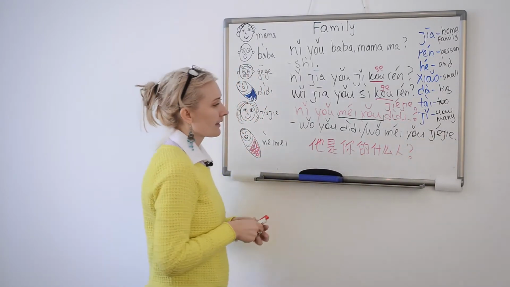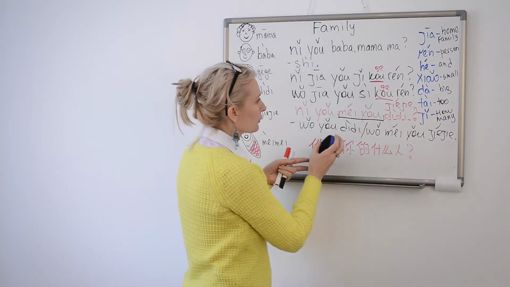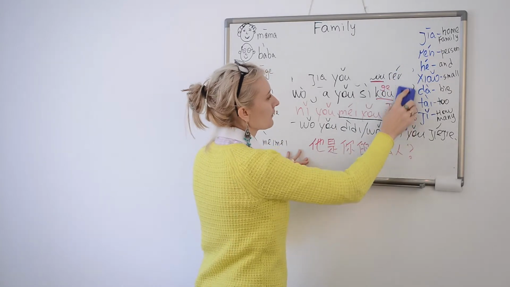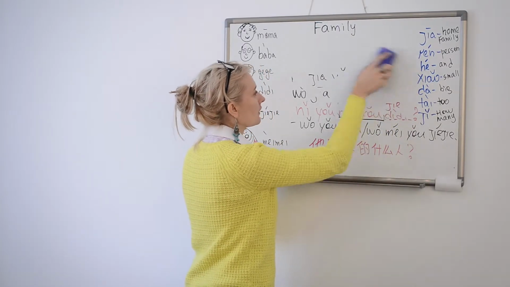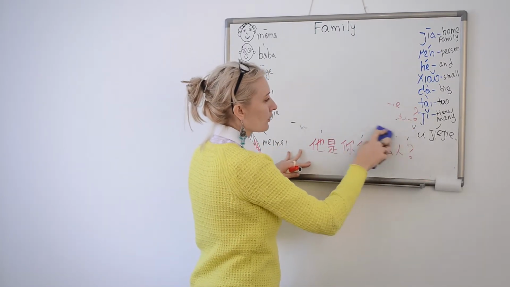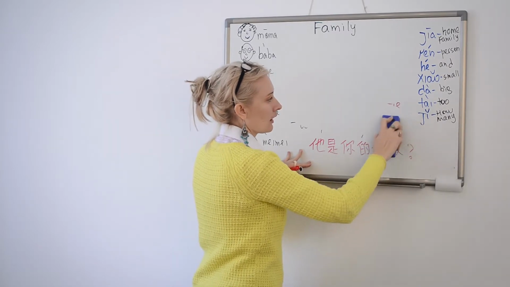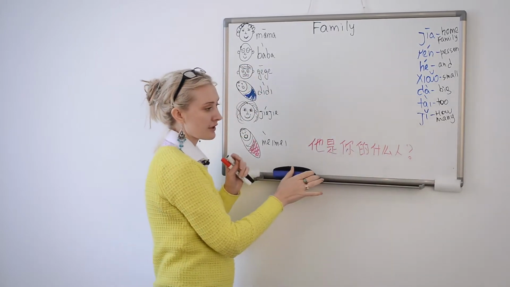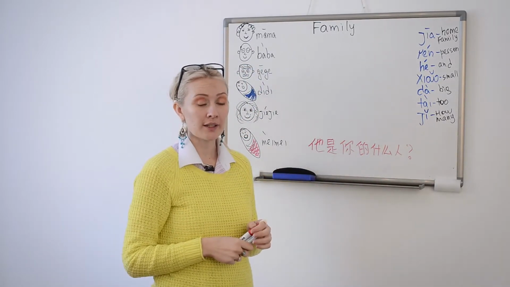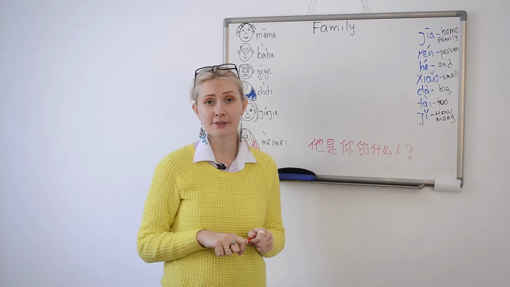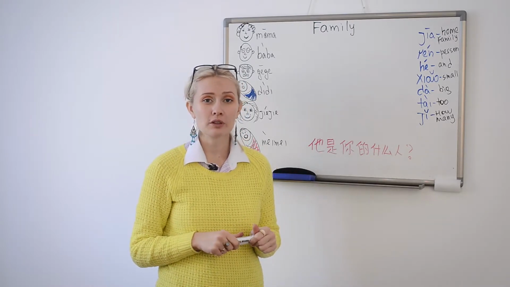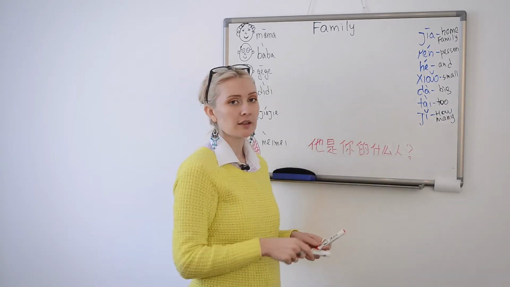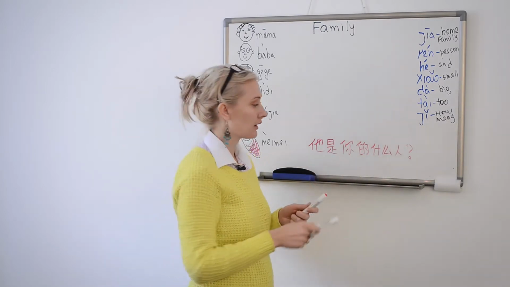All right. The last thing that I want to show you is, for example, when you are standing with a Chinese friend, and another person comes to you, and for example it's your father, but your Chinese friend doesn't know that, he will ask you a question. 他是你的什么人? 他是你的什么人?